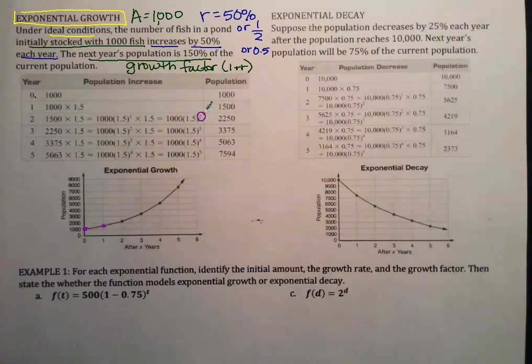We're going to take that shortcut route, because the year was 2, so our exponent is also a 2, and that gets us 2,250. In year 3, if we write this, we've got 1,000 times our growth factor, 1.5, raised to the power of 3. And that gives us 3,375.